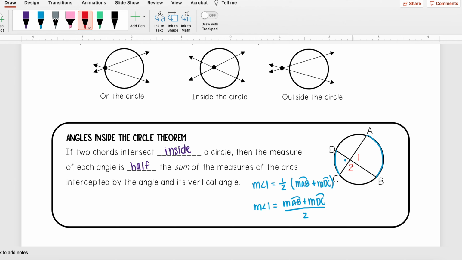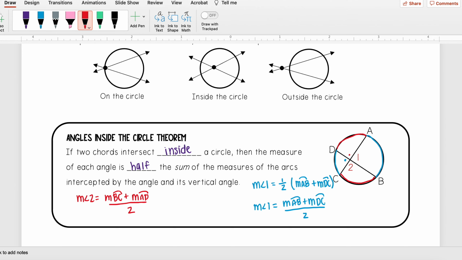And then similarly, if I was wanting to find the measure of angle 2, it would equal the measure of its intercepted arc, which is BC, plus the measure of the vertical angle's intercepted arc, so AD, divided by 2. So that's for those chords that intersect inside a circle.